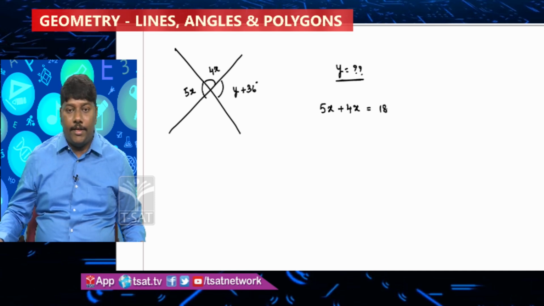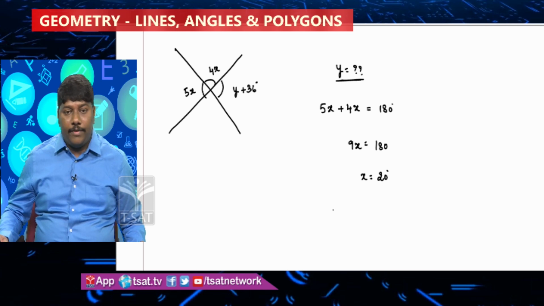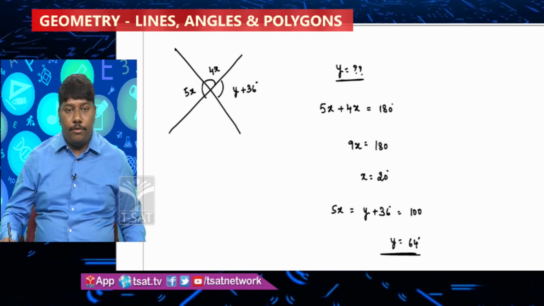The angle is 180 degrees. 9x is equal to 180 degrees. x is equal to 20 degrees. When x is 20 degrees, 5x is 100. We know vertically opposite angles are equal, therefore 5x is equal to y plus 36, which is equal to 100. Therefore angle y is equal to 64 degrees. So here the properties used are that vertically opposite angles are equal and a straight line makes 180 degrees of angle. Both we have used.